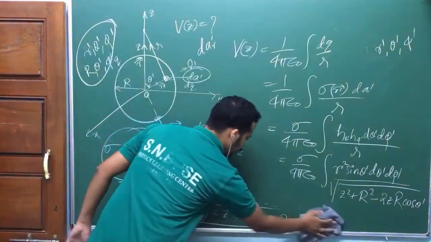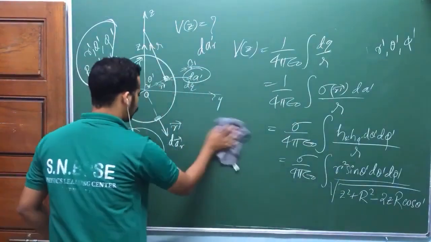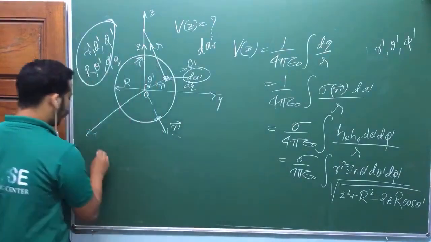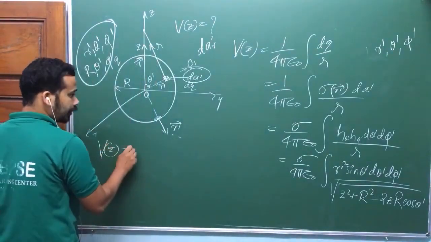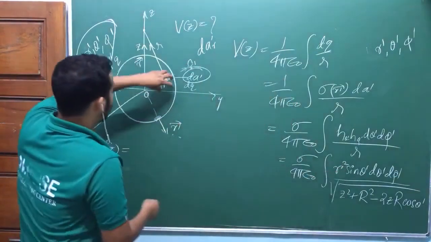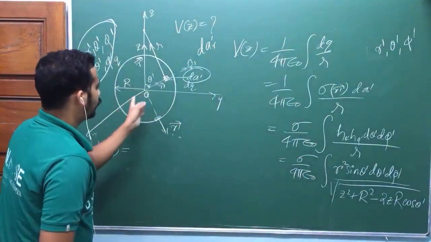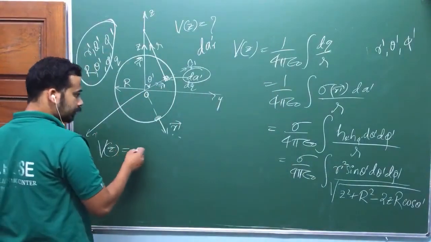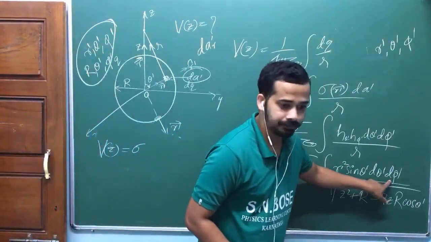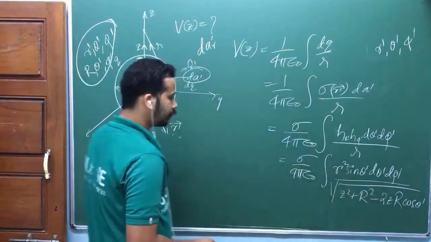Is that okay? Let me rub out this one. Need to save some space. Okay. So that's why potential at Z is equal to, look at here. So that sigma, this R prime is capital R because wherever you go over the surface, the distance from the origin is the radius, am I right? Sigma and integral of d phi, that's equal to 2 pi.